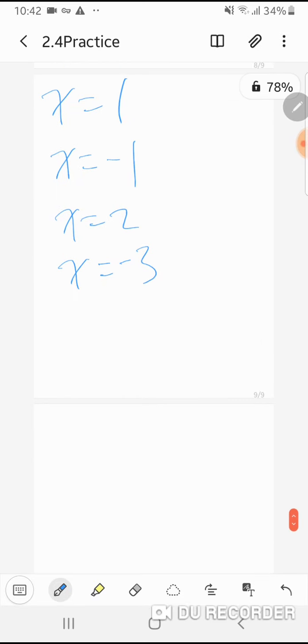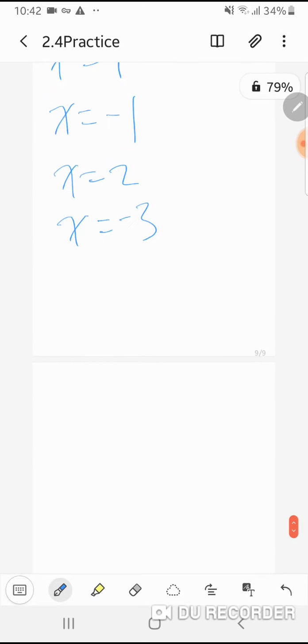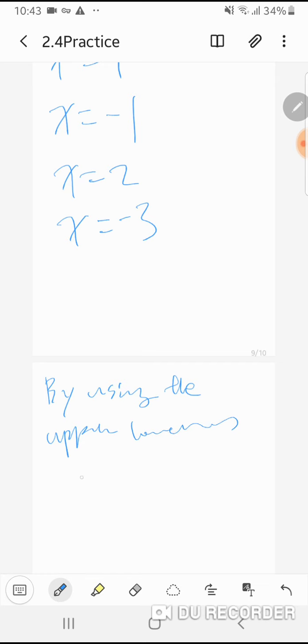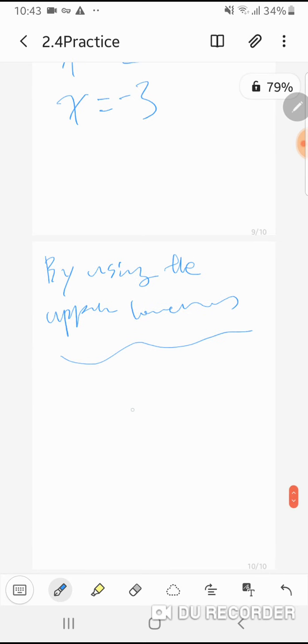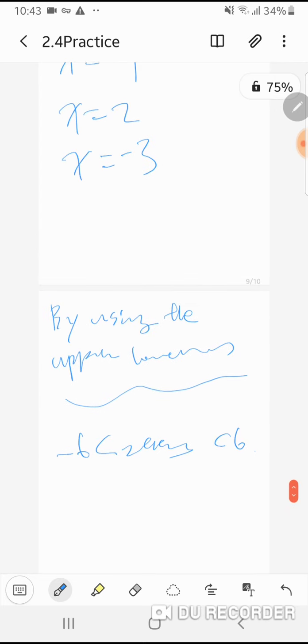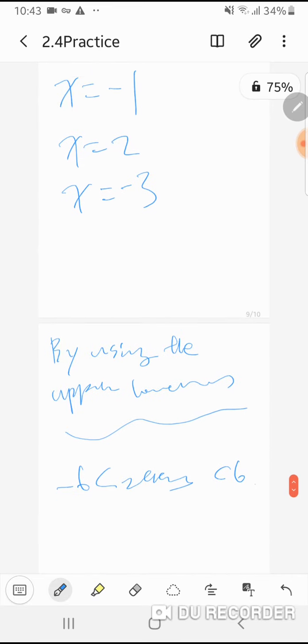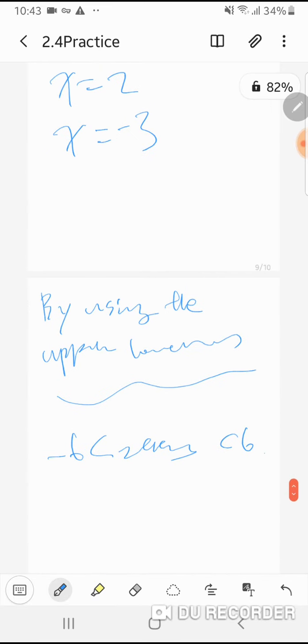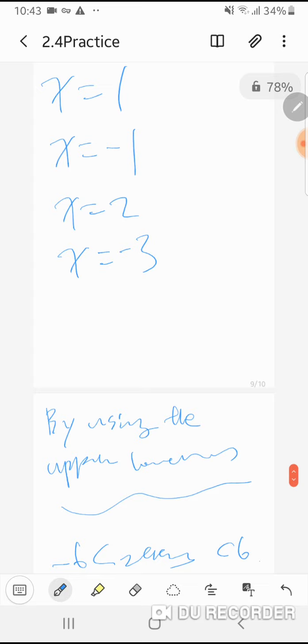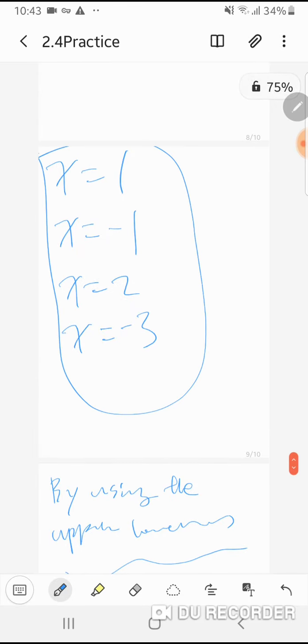So we can say that by using the upper and lower bound test, we know that the zeros are larger than negative 6 and smaller than 6, and by using synthetic division, we now know what the zeros are.